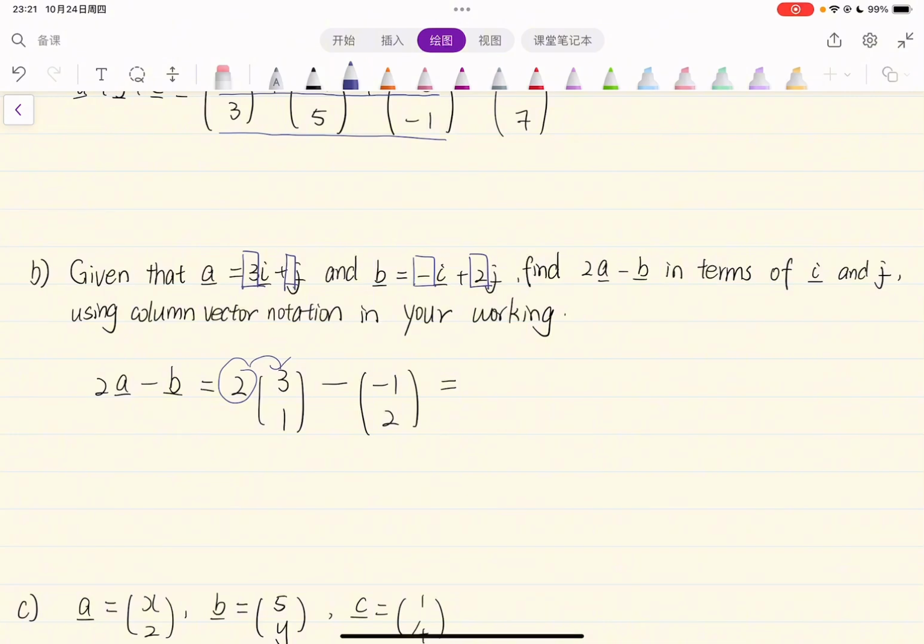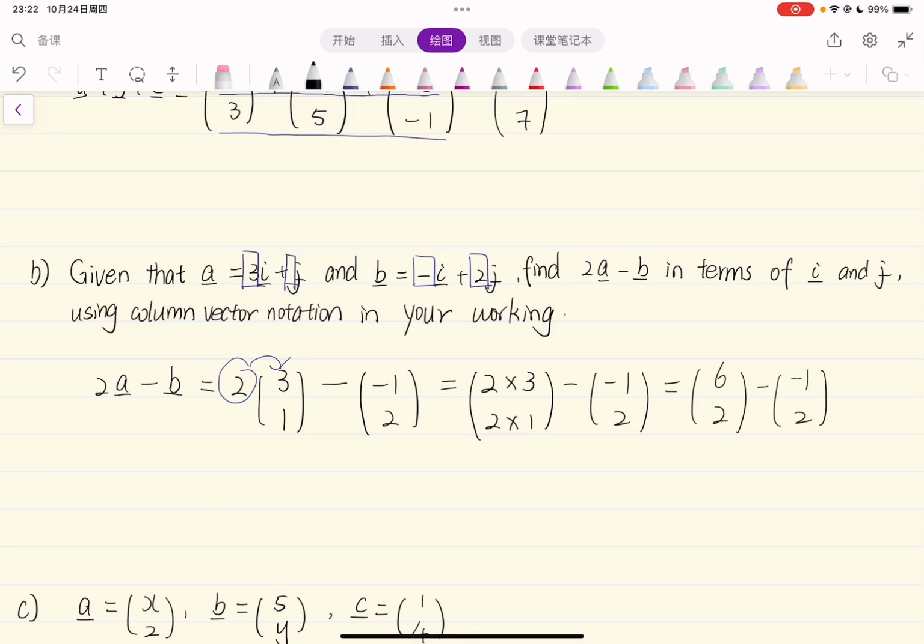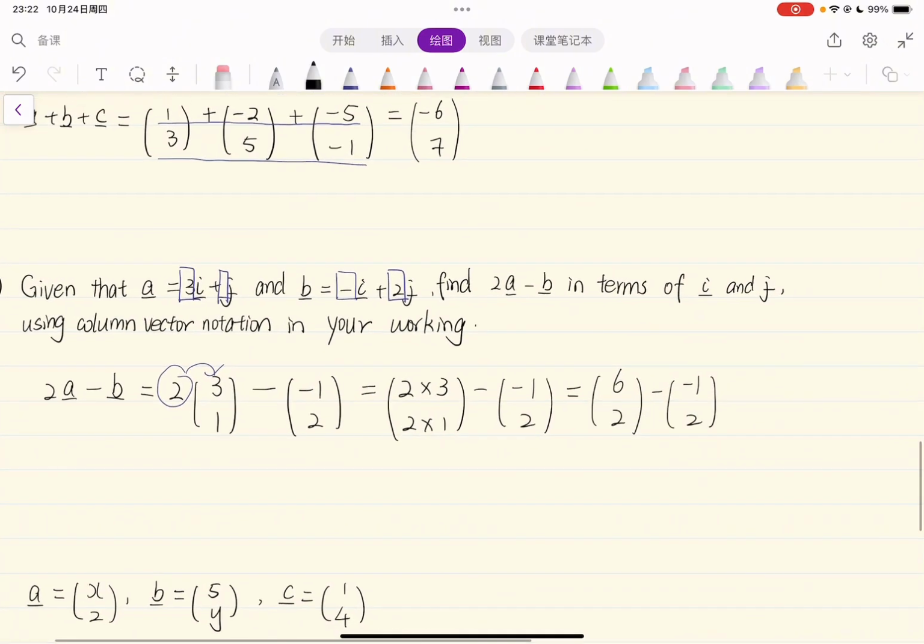So that is 2 times (3, 1) minus (-1, 2). We have (6, 2) minus (-1, 2). That equals 6 minus -1, that is 7, and for the y component, that is 0. So here is the answer.